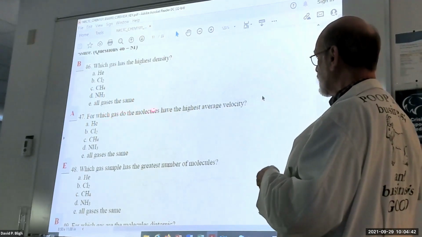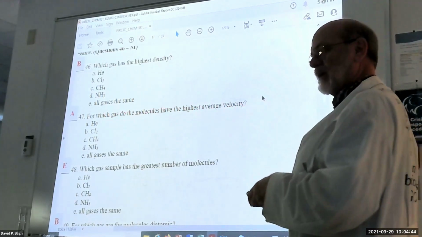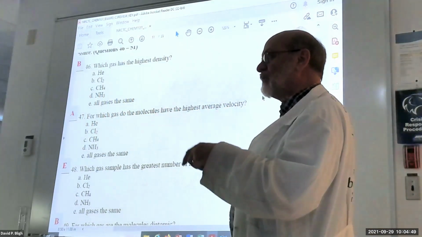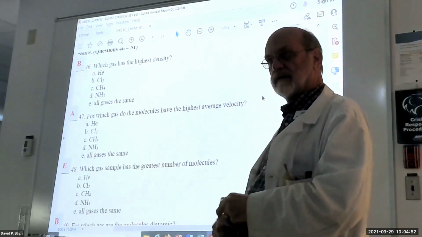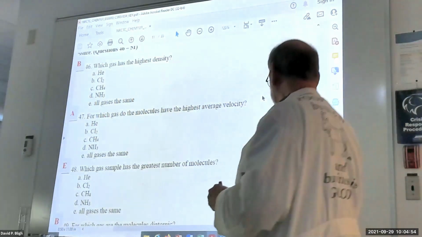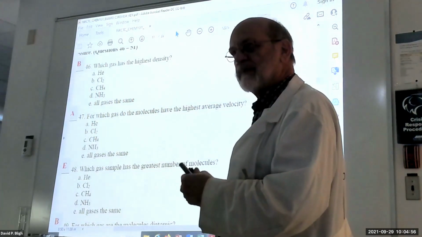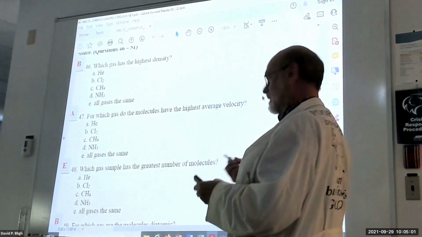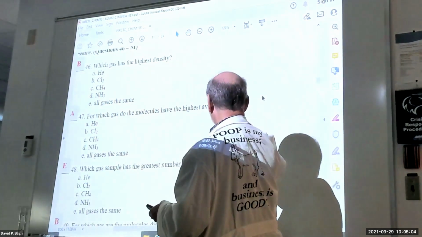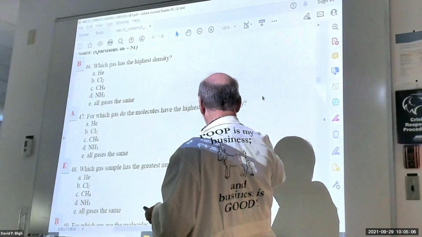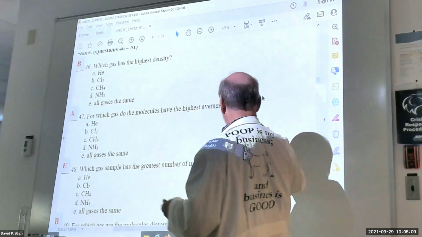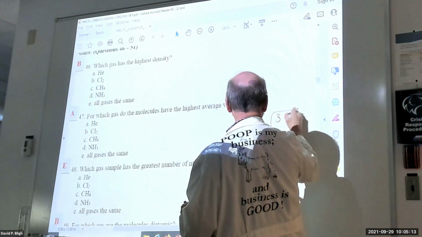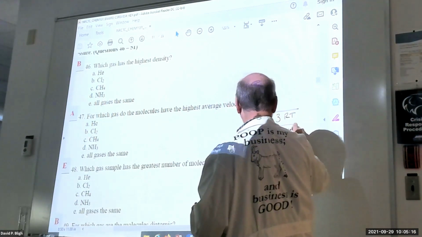For which gas do the molecules have the highest average velocity? So which one's going to have the highest velocity? The one with the smallest molar mass, the smallest molecule. And what law tells us about that? Graham's law. Root mean square velocity is equal to the square root of 3RT divided by molar mass.